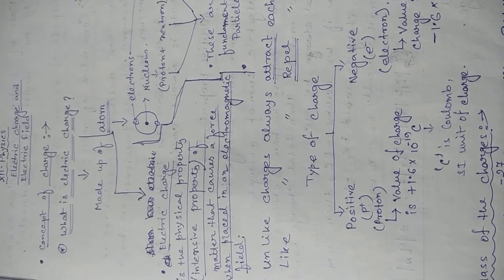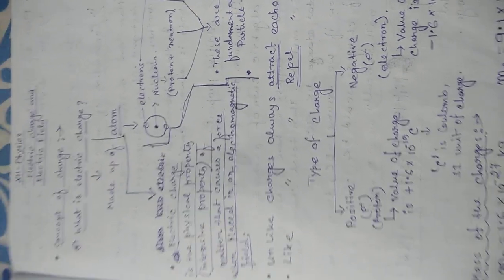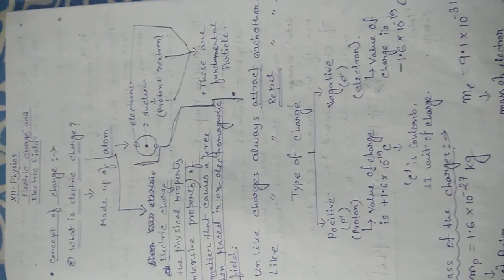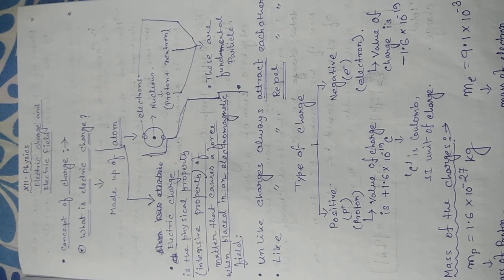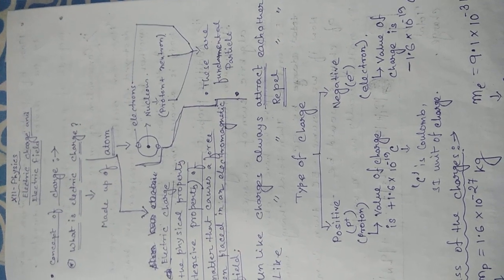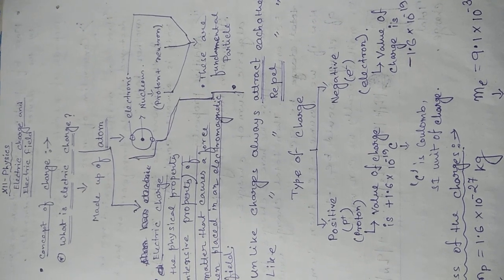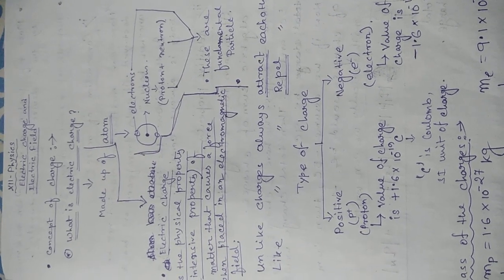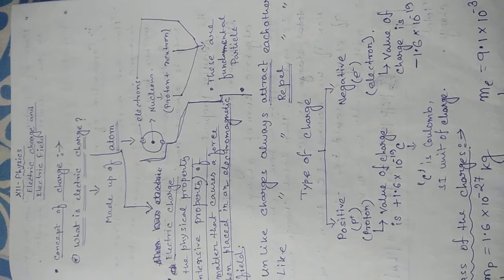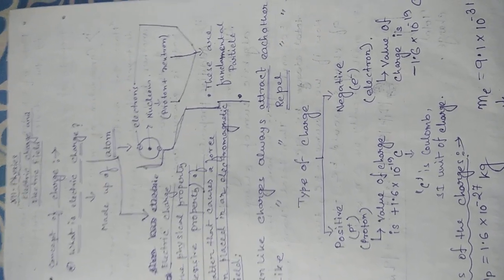From that concept we conclude that unlike charges, meaning positive-negative or negative-positive, always attract each other, and like charges, meaning positive-positive or negative-negative, always repel each other. We know this one.